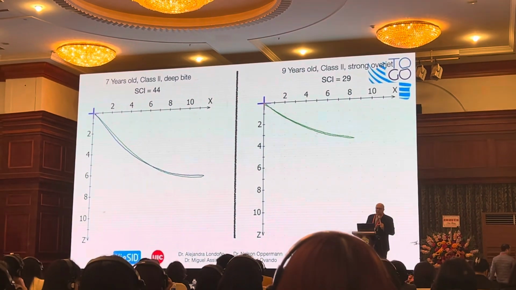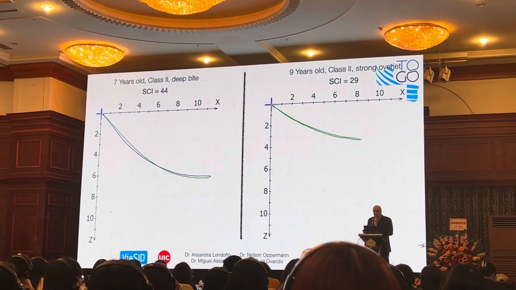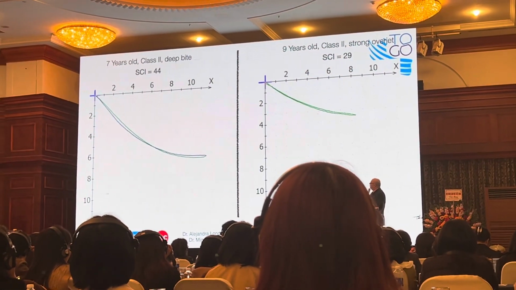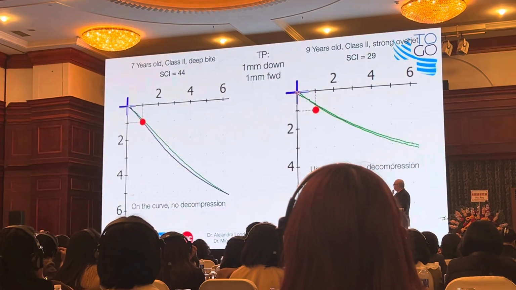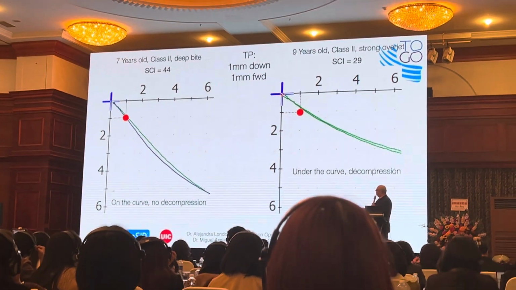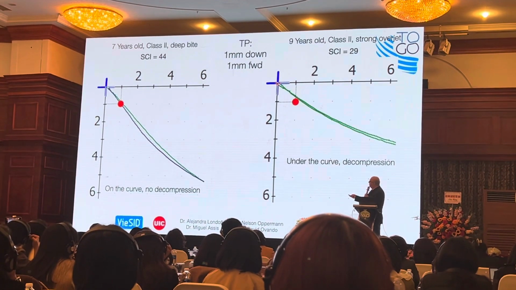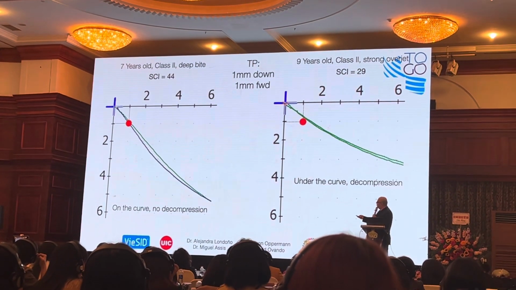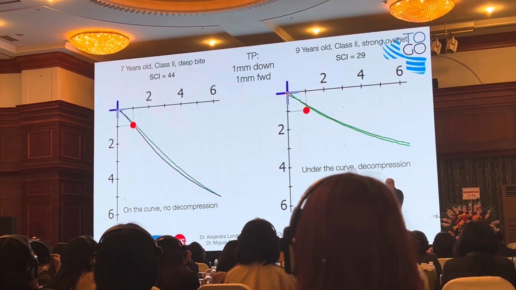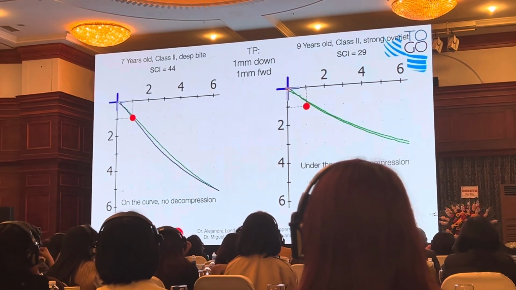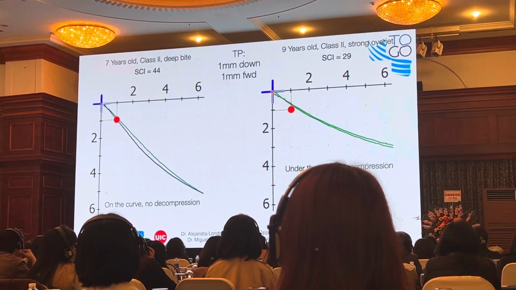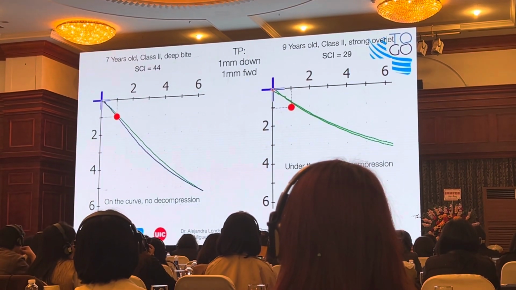So, for example, if I have here a patient, just an example, SCI 44, if I place this patient anteriorly 2 millimeters and downward 2 millimeters, so 2 millimeters down, 2 millimeters forward, for this patient, I have no compression. I can go forward without compression.